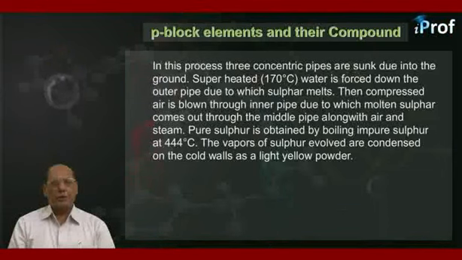Then compressed air is blown through the inner pipe, due to which molten sulfur comes out through the middle pipe, along with air and steam. Pure sulfur is obtained by boiling impure sulfur at 444 degrees Celsius. The vapors of sulfur evolved are condensed on the cold walls and a light yellow powder is obtained.